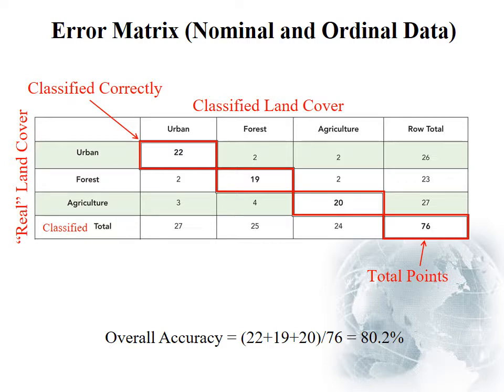Okay, so an error matrix like this is something that we often will generate when we classify satellite imagery or air photos or even drone imagery these days. Very commonly used and applied to nominal and ordinal levels of data out in the landscape.